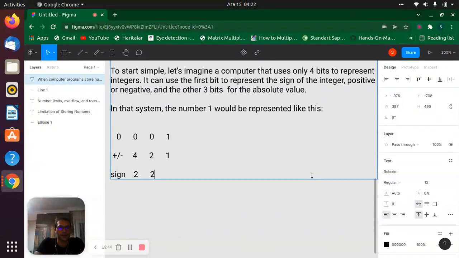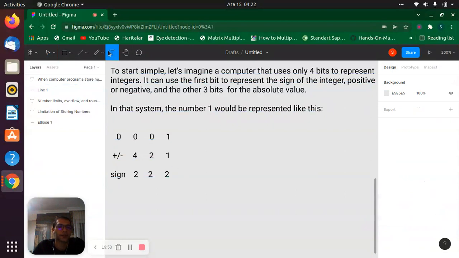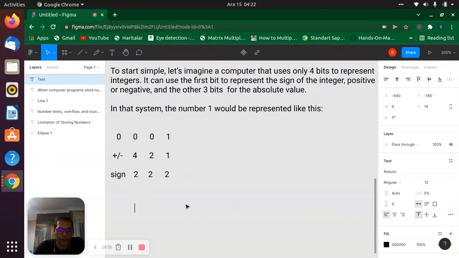This one will be 2 power of 1, and this one will be 2 power of 0. Okay, let's come here and put there with the 5, maybe 6.